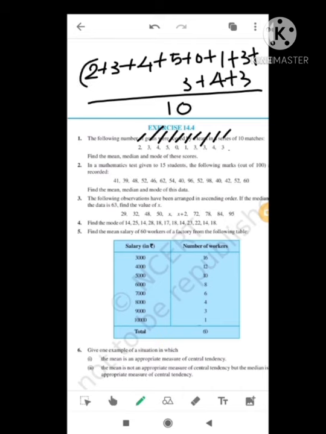This is the sum of observations, and this is the total number of observations. Now we move on to the solution.